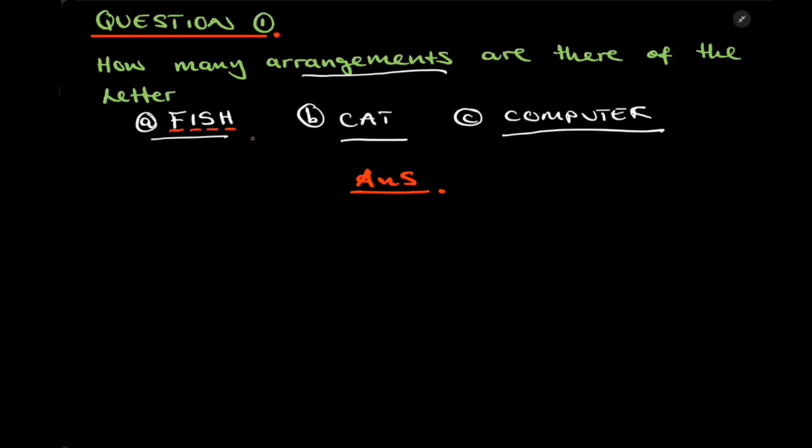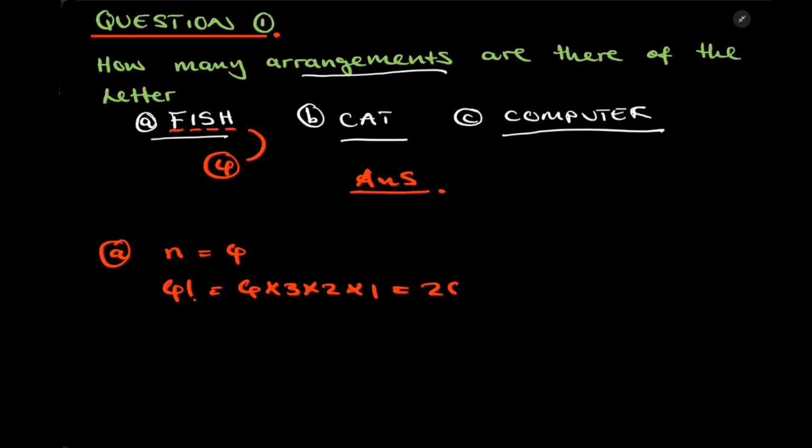The number of letters is 4 for this one. So we can find the possible number of arrangements to be 4 factorial, which is equal to 4 times 3 times 2 times 1, and this is equal to 24. So that must be your answer.